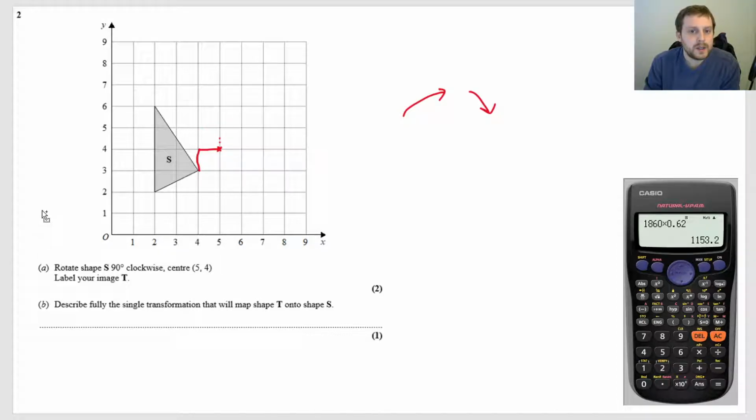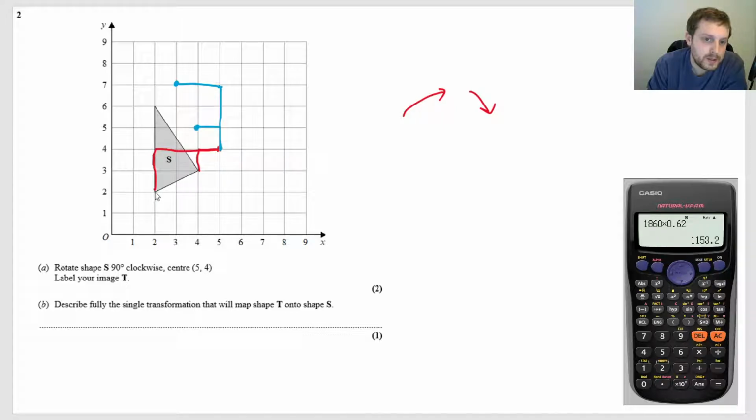So let me actually do this with different colors. I'm going to say that the red is the start shape and the blue is where it ends up. Okay, so this corner actually ends up here. That corner actually ends up there. I can go 3, 2, which will turn into 3, 2.